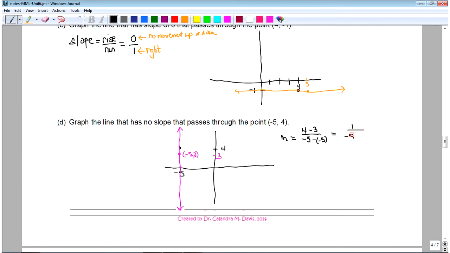The bottom, we end up with a -5 plus 5, which gives us a 0 in the denominator, which is undefined. Okay, and that's what we're starting off with, a line with no slope or undefined slope. So that will always be a vertical line.